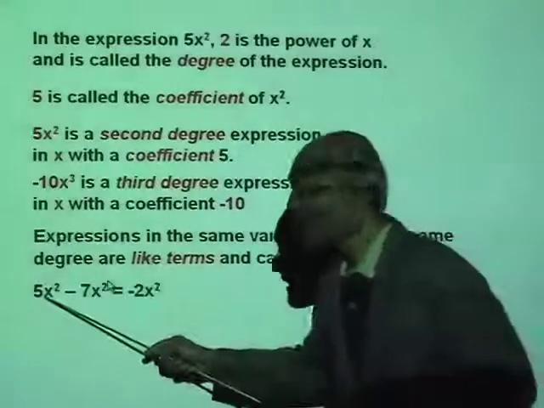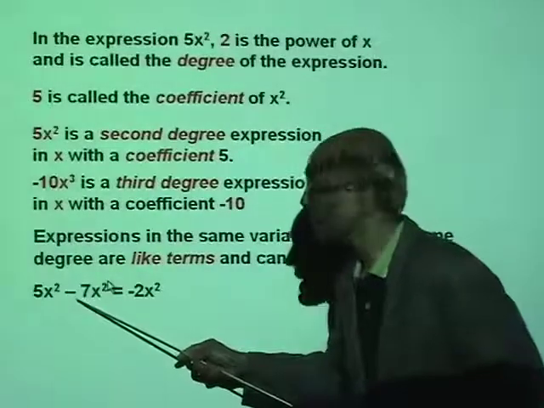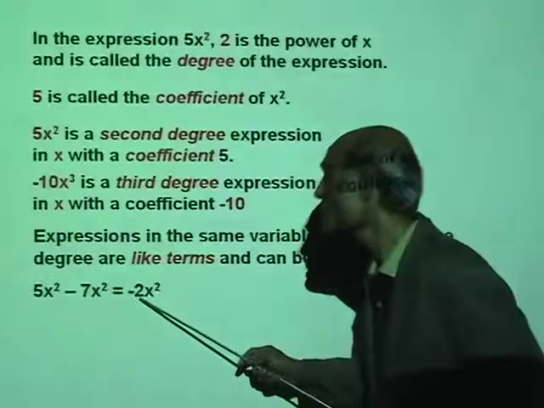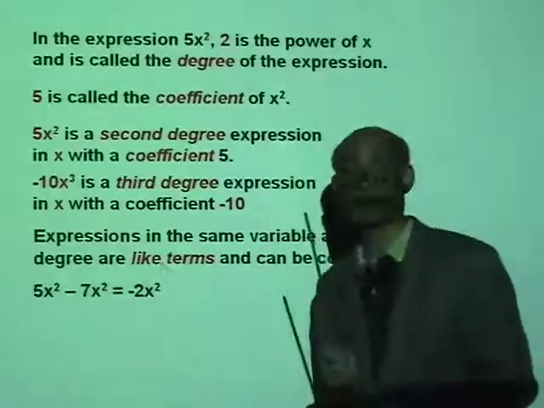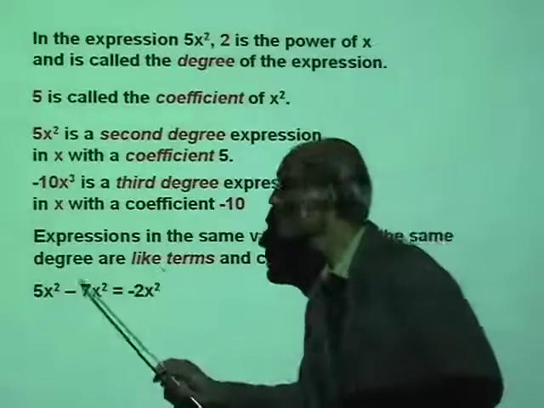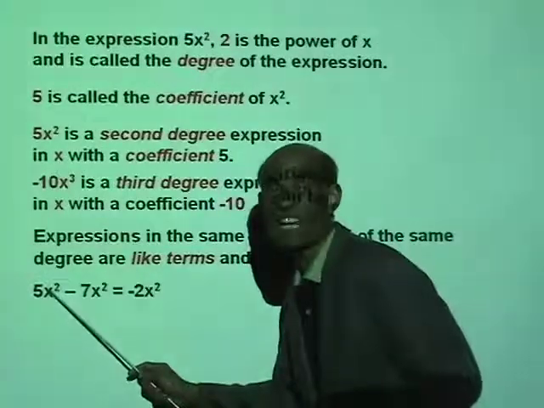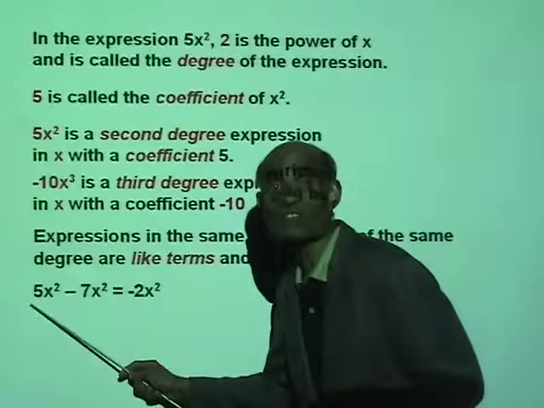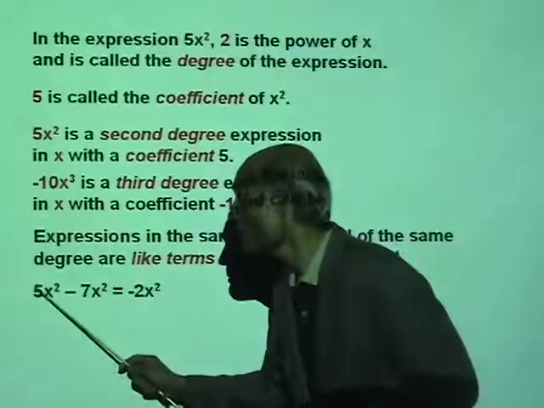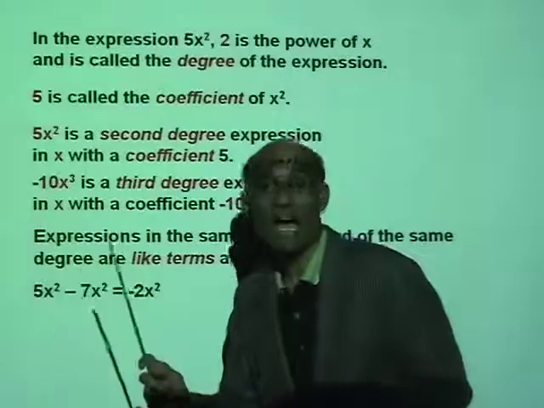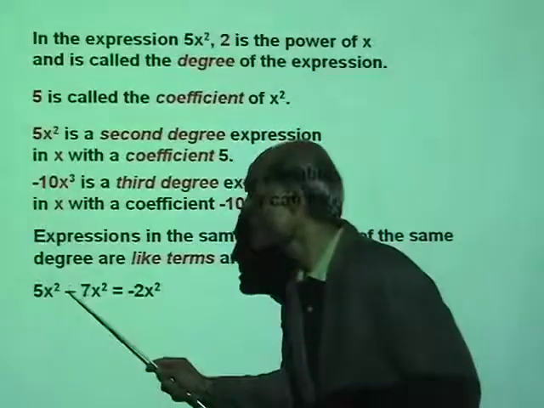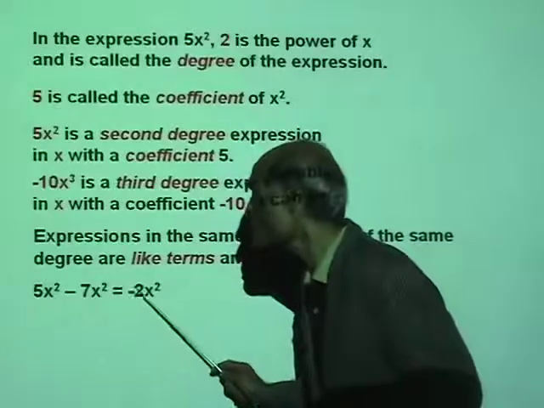Now, 5x squared minus 7x squared is equal to negative 2x squared. In other words, in order to add like terms, what you need to do is add their coefficients, not their exponents. 5 minus 7 is negative 2.